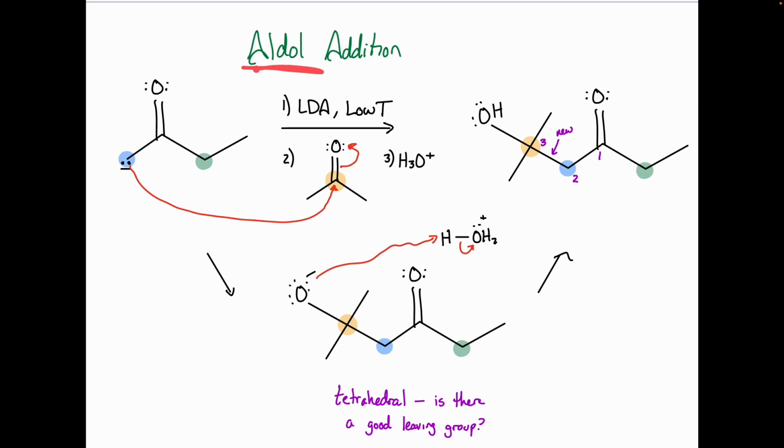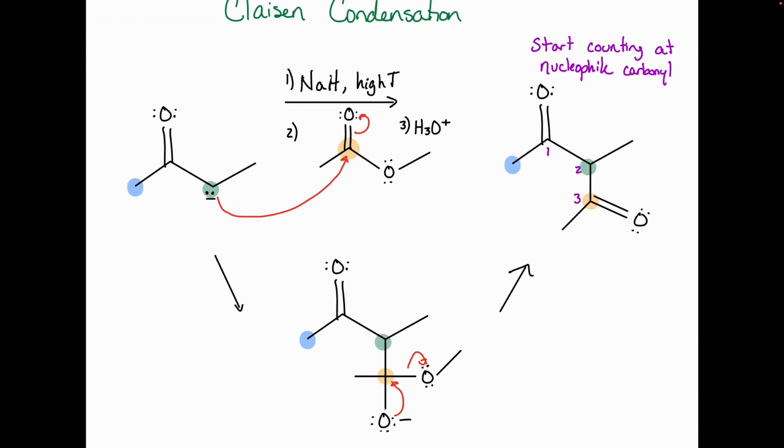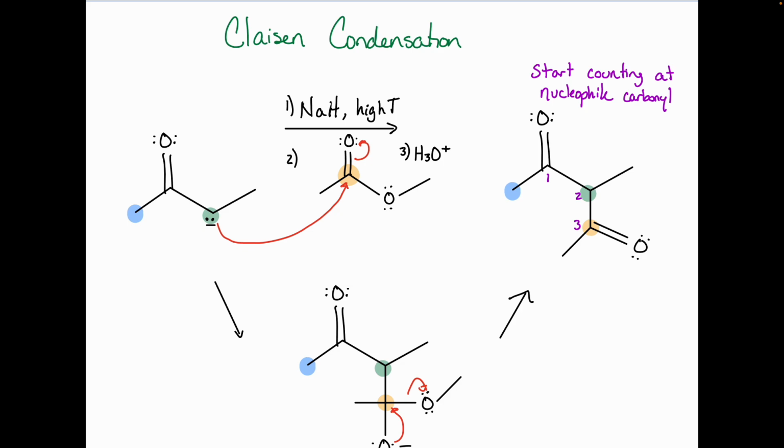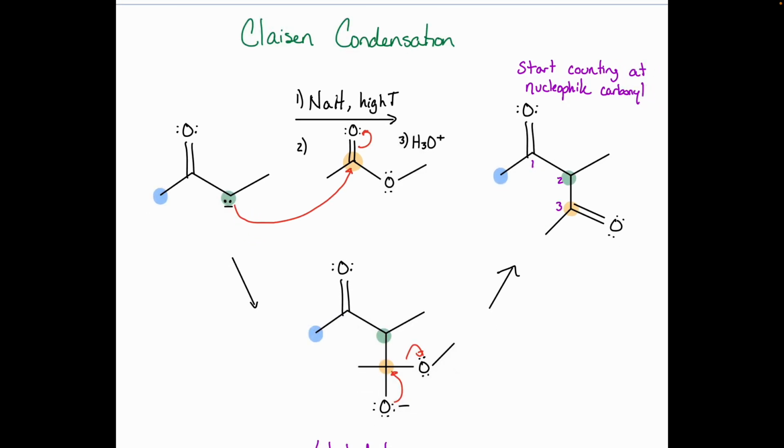We called these aldol addition reactions because our product is like a combination of alcohol and aldehyde, which it should be aldehyde or ketone, but they just rolled with one name. I don't make the rules here, all right? But we have both a carbonyl group and an alcohol group in our product. And then we could also use an ester as our electrophile. Esters also have electrophilic carbonyl carbons. The big difference between an ester and a ketone or aldehyde is they have this built-in leaving group.